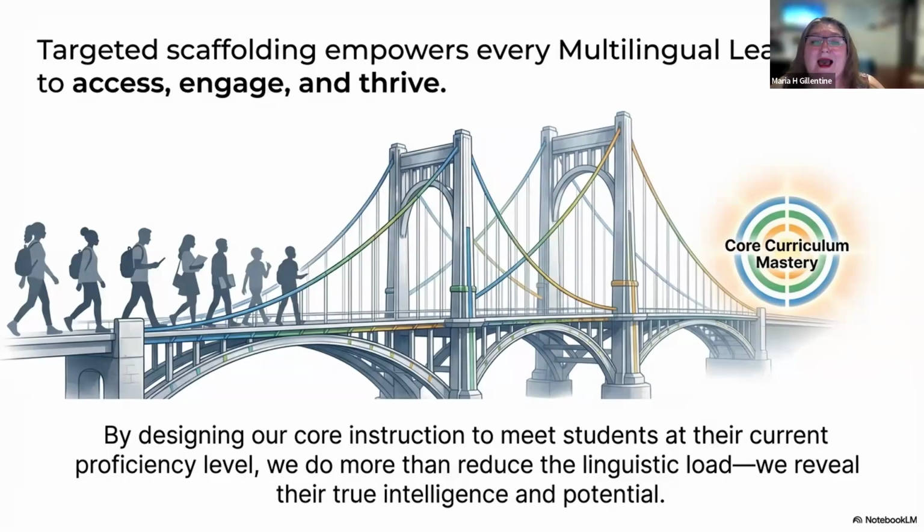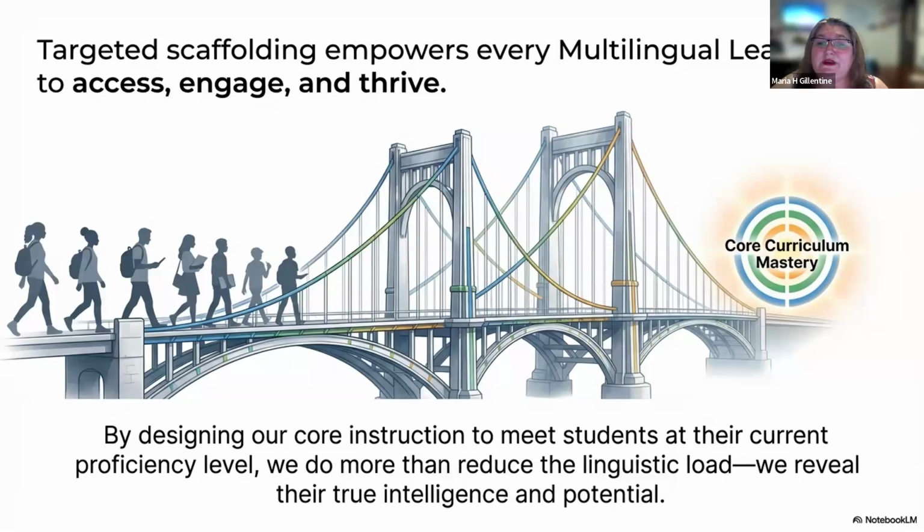We are creating pathways that allow students to demonstrate their intelligence, knowledge, and potential. Our goal is to remove linguistic barriers so students can demonstrate their true understanding and engage meaningfully with grade level content. The supports we've discussed today should be responsive to where students are in their language development journey.